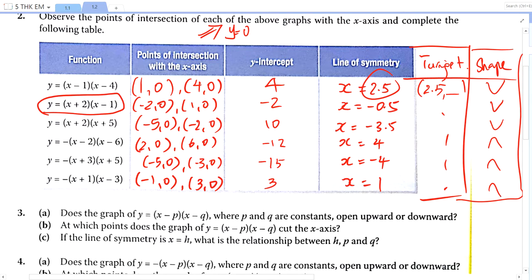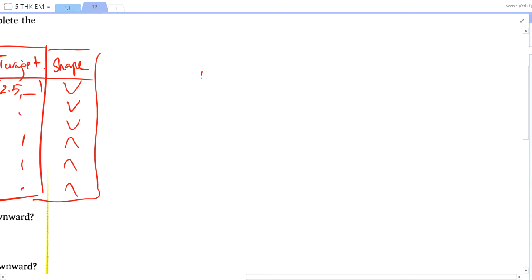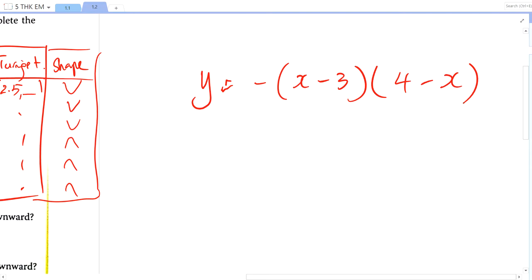Okay? Let me give you a question. y equals negative x minus 3, 4 minus x. Is the parabola opening upwards or downwards? Maximum point. Up or down? Okay, so the approach is still the same.